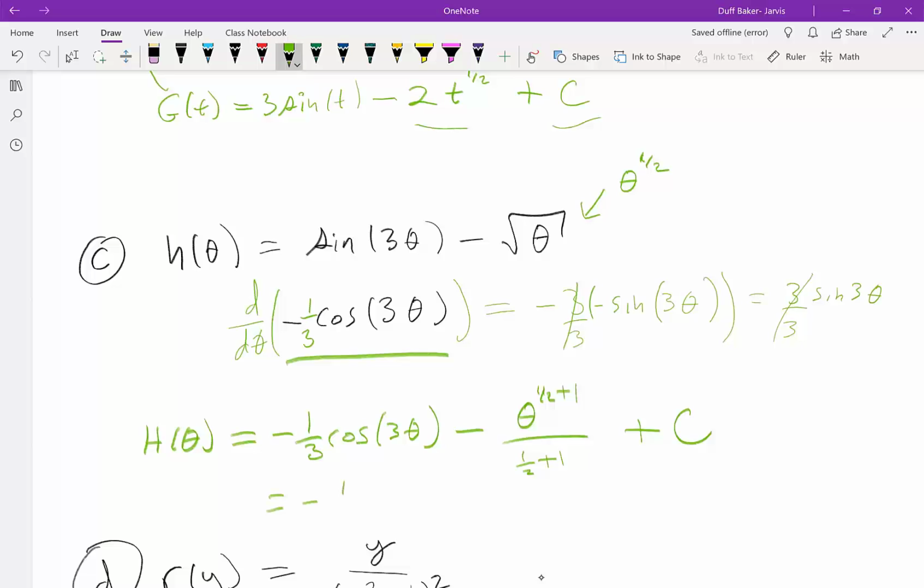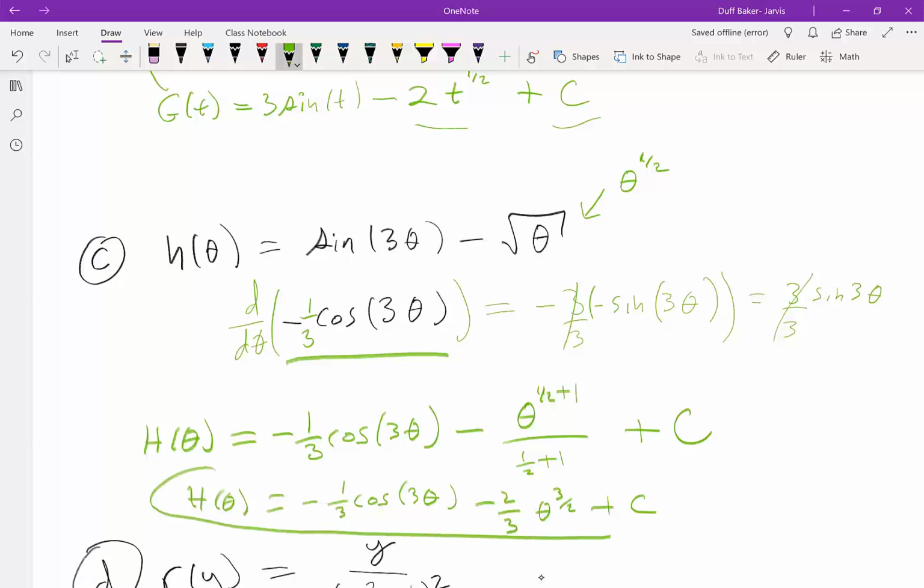So if we simplify that, a half plus 1 is 3/2, so that'll be a minus 2/3 theta to the 3/2 plus c.